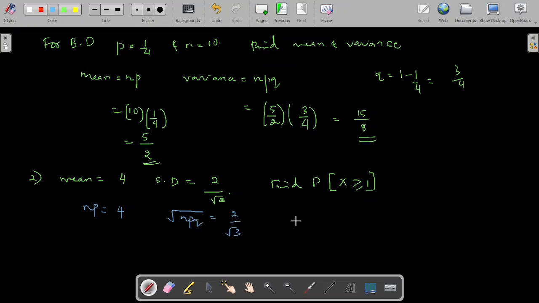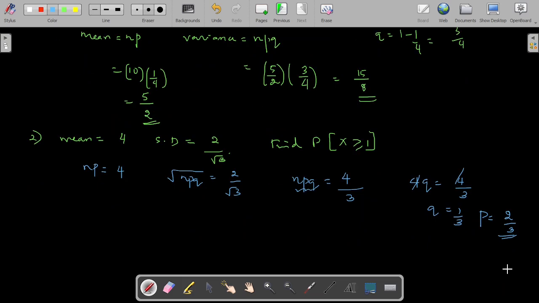Squaring both sides, npq equals 4 by 3. We have np equal to 4, substitute here: 4q equals 4 by 3. So 4 cancels, you will get q equal to 1 by 3. If q is 1 by 3, what is p? 1 minus q, that is 1 minus 1 by 3, which is 2 by 3.